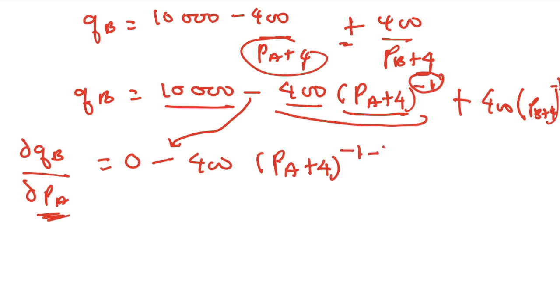Minus 1, minus 1. You get me? And then after that, you differentiate the one in the bracket. You see PA here. When you differentiate it, it becomes 1, isn't it? You see 4 here. Do you see PA? No. It's a constant number because you don't see PA. You differentiate it, it becomes 0. Constant rule, isn't it? Okay, done.